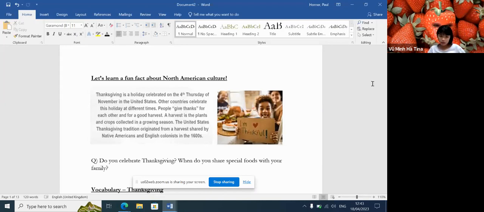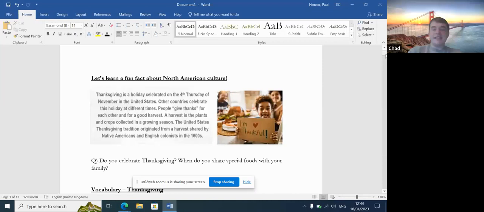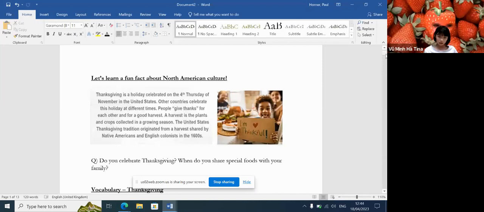The United States Thanksgiving tradition originated from a harvest shared by Native Americans and English colonists in the 1600s.